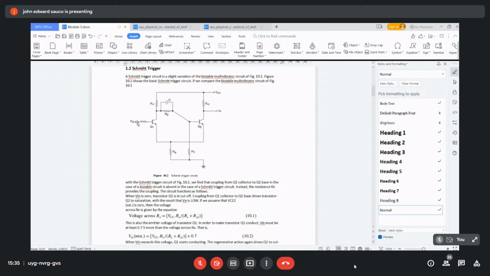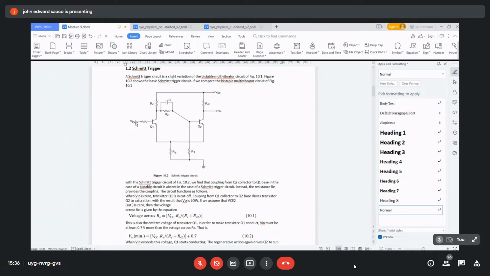So, when Vin is 0, transistor Q1 is cut off, since we have no voltage at the base. Then the coupling from Q1 collector to Q2 base drives transistor Q2 to saturation.